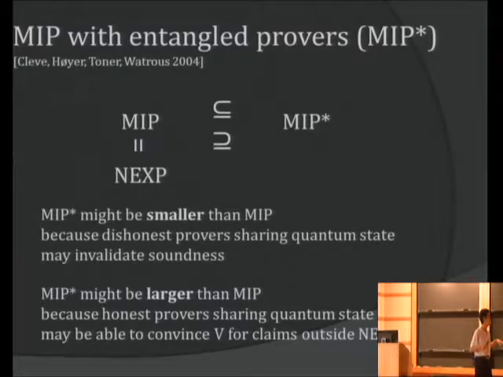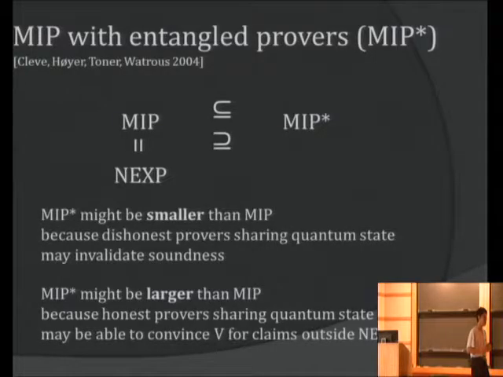So we didn't know the relationship between the entangled case and the completely classical case. I guess the monotonicity there is just that it can increase both the completeness probability and the soundness probability. Yes, that's why it's not clear.